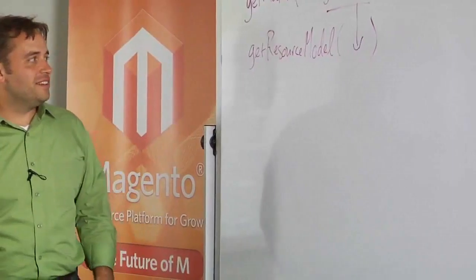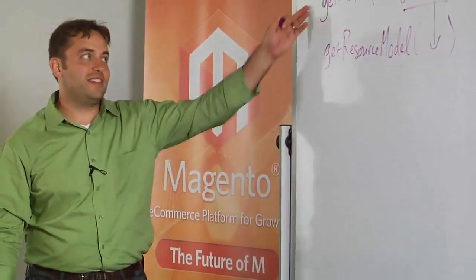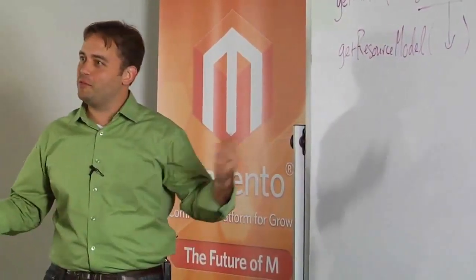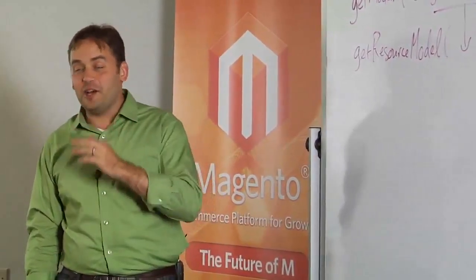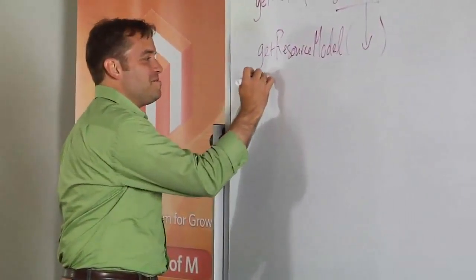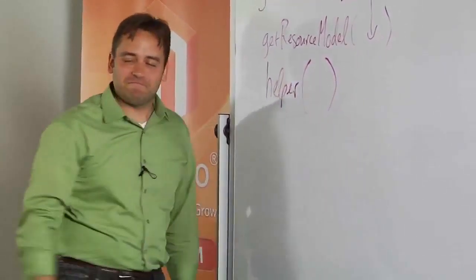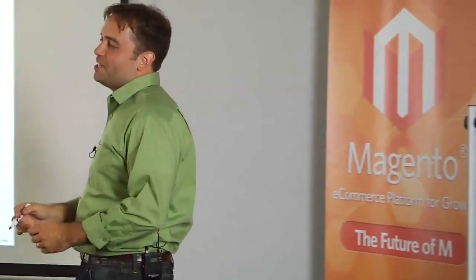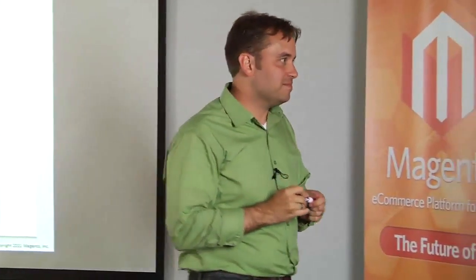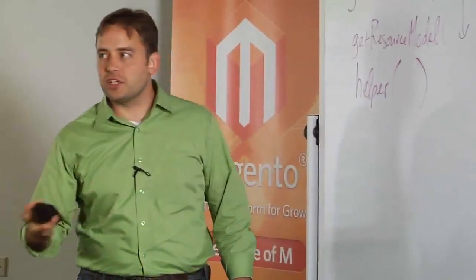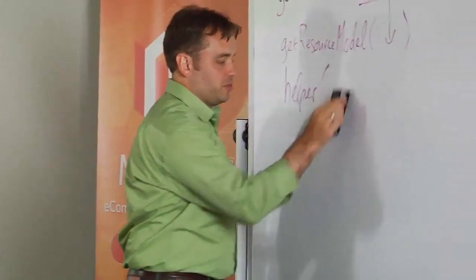And for helpers, of course, we have get model, get resource model. So how would we get a helper? No, it's Mage helper. Just helper, just because they can. And the tricky thing with helpers, by the way, I'll go ahead and tell you this because it'll come up again.